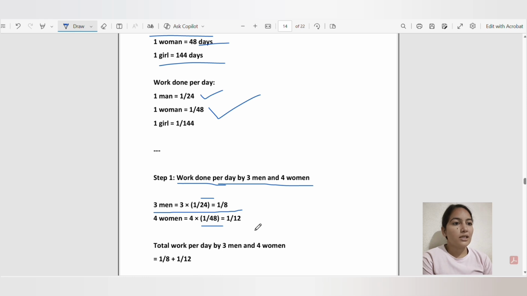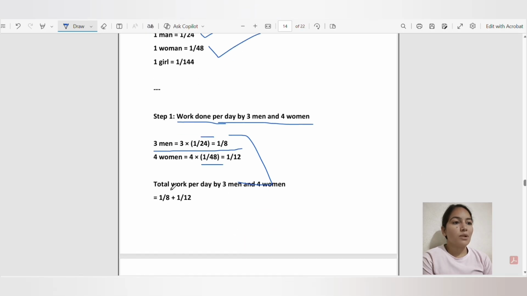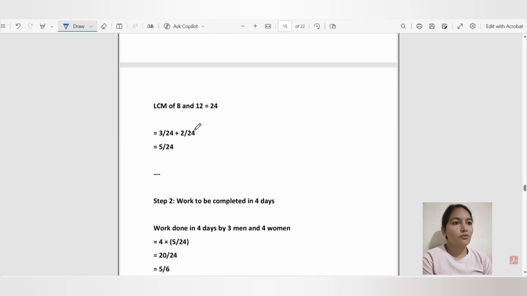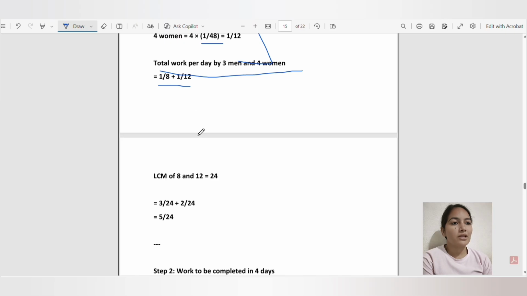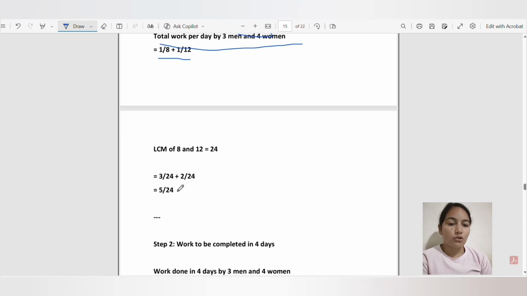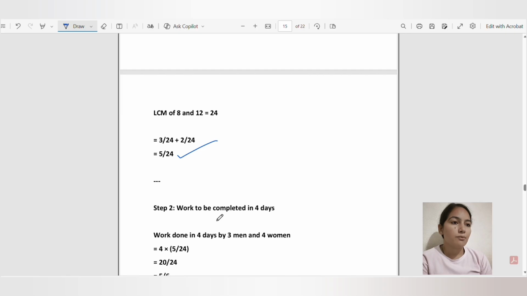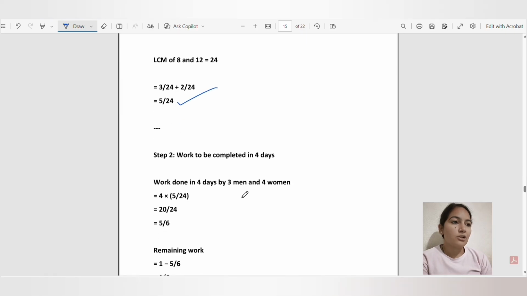So 3 men can complete 1/8 and 4 women can complete 1/12. So the total work per day by 3 men and 4 women will be the sum of these two. What is the sum of 1/8 plus 1/12? It is 5/24. Okay. Now with 5/24, we have to find the work to be completed in 4 days. Work done in 4 days by 3 men and 4 women.